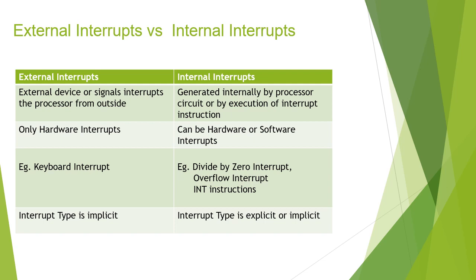External interrupts come only through hardware interrupts, whereas internal interrupts can be either hardware interrupts or software interrupts. For external interrupts, the interrupt type is implicit, whereas for internal interrupts, the type can be explicit or implicit. It is explicit when you give the interrupt number, like INT followed by that number, in a software interrupt.